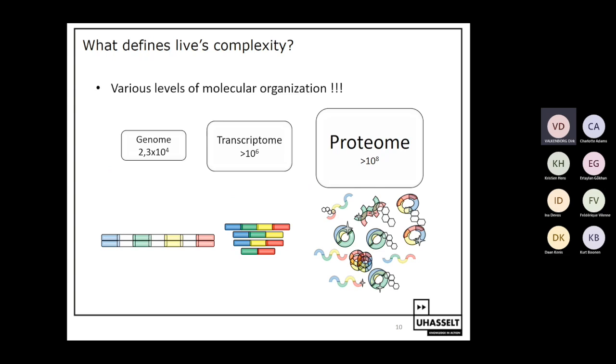Also, the molecule is different. The genome is a nicely linear molecule that is composed of only 4 letters, right? A, C, G, T, so 4 nucleotides. The proteome is 3-dimensional nanomachines with, as basic building blocks, the 20 amino acids.